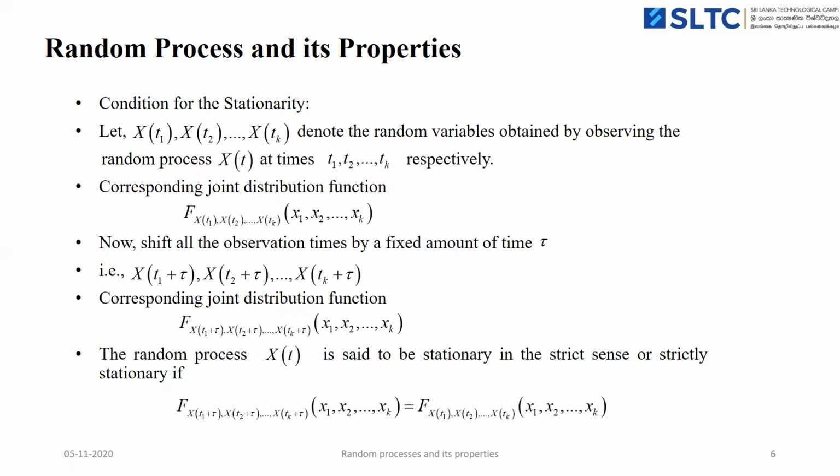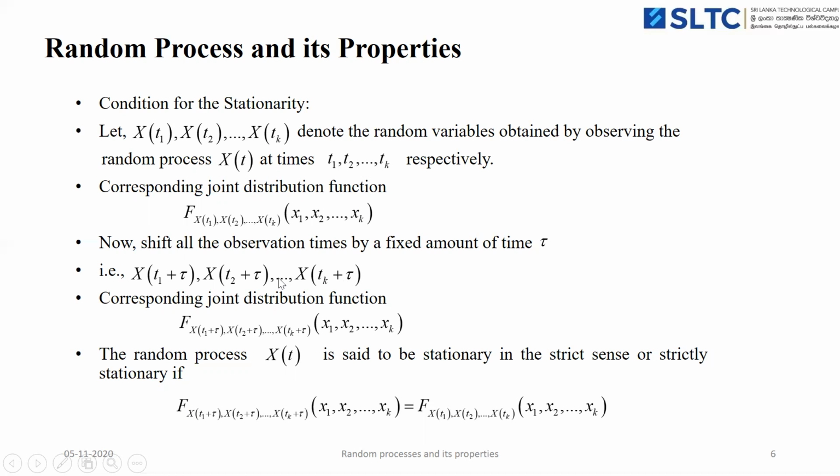Now, shift all the observation times by a fixed amount of time tau. In order to represent the random variable at t1, we replace t1 by t1 plus tau, that is the fixed amount of delay tau. So we are getting another set of random variables, that is x of t1 plus tau, x of t2 plus tau, up to x of tk plus tau.